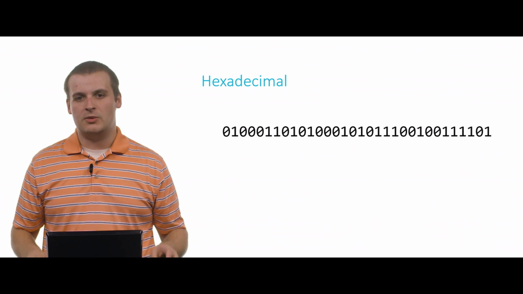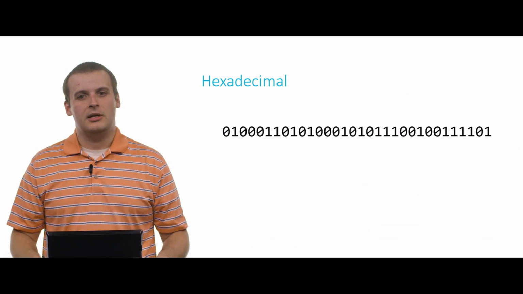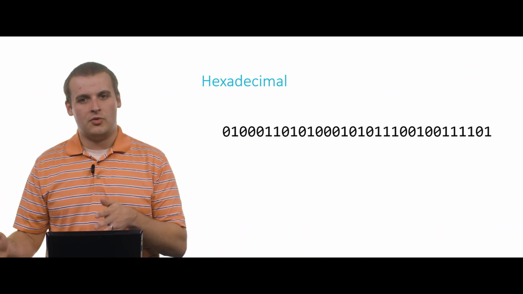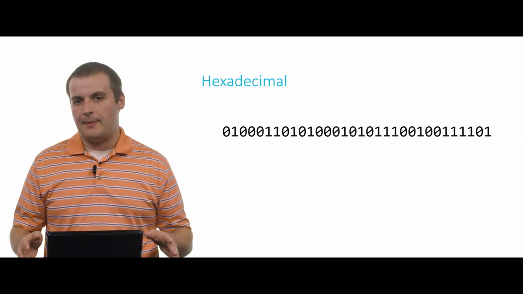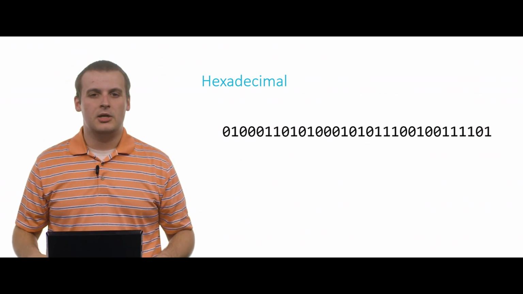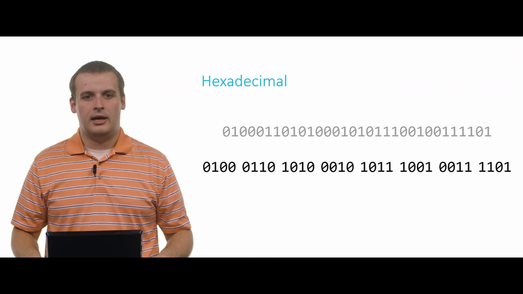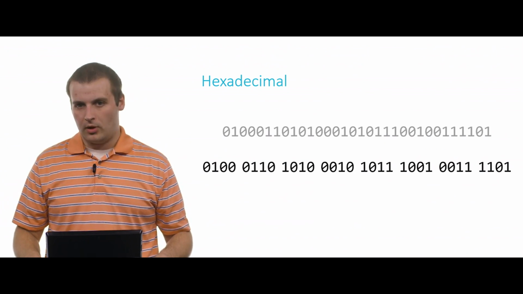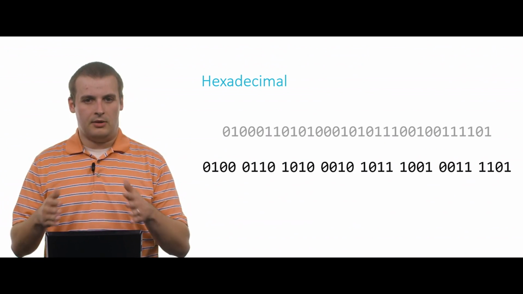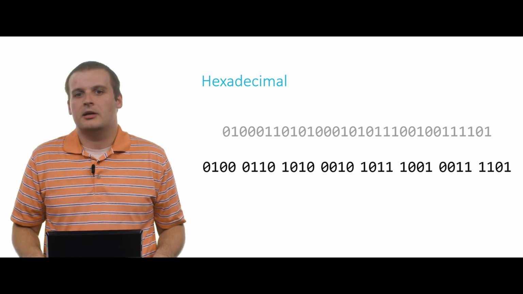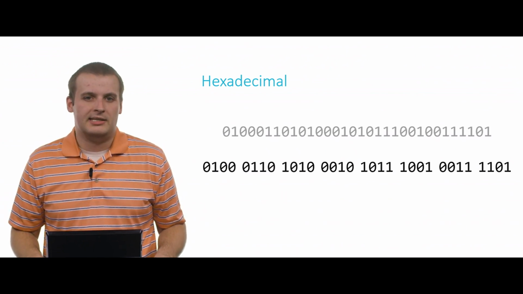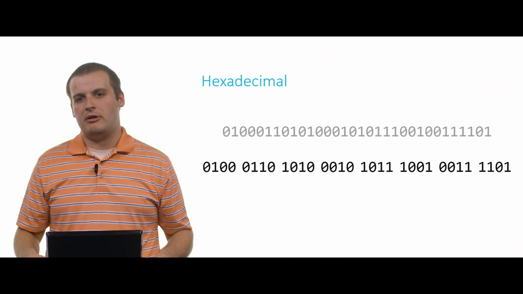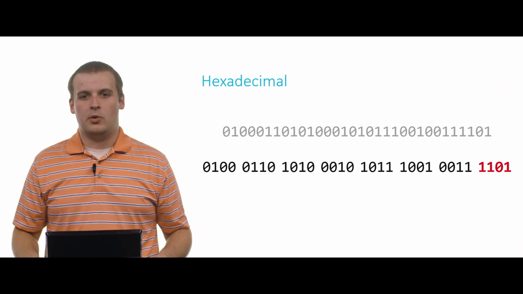The first thing we need to do is group these digits into groups of 4, starting from the right and working to the left. Now, there happen to be 32 digits here, which means we have a nice clean break of 8 groups of 4. Remember that each group of 4 here uniquely corresponds to a hexadecimal digit. So we'll start building our number from the right and working left.